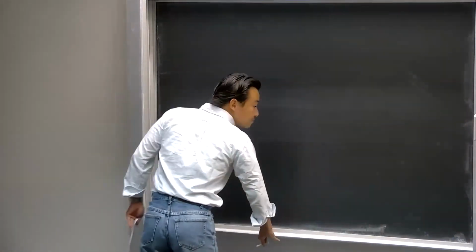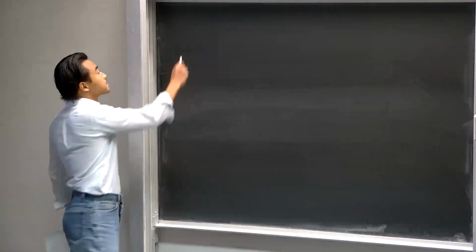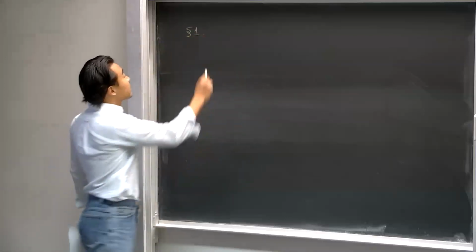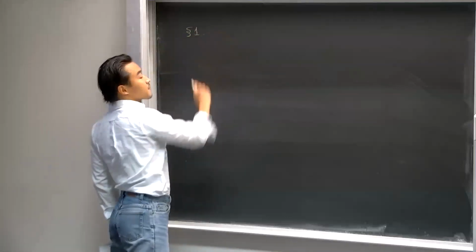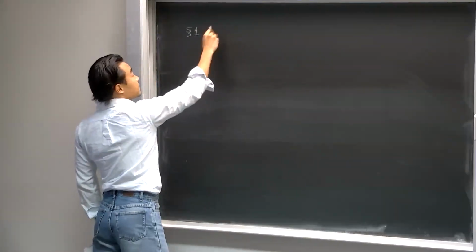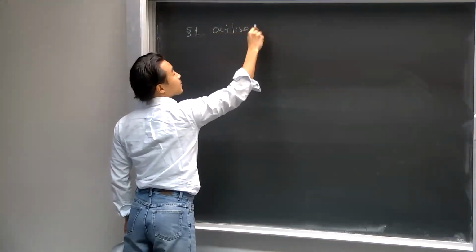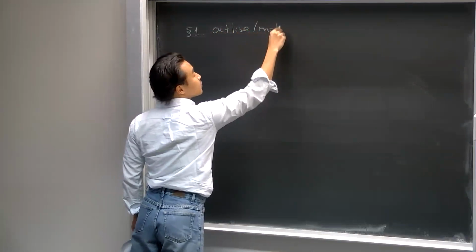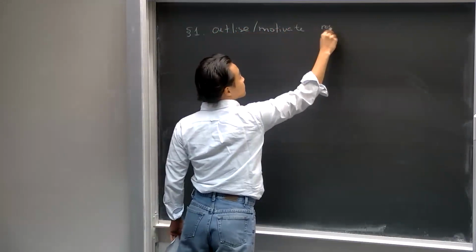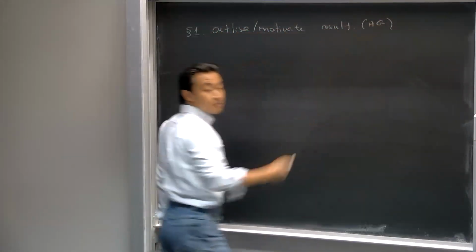So I'll maybe give an outline of the talk. First of all, I'm going to outline the result and motivate it, which is kind of in the spirit of algebraic geometry.